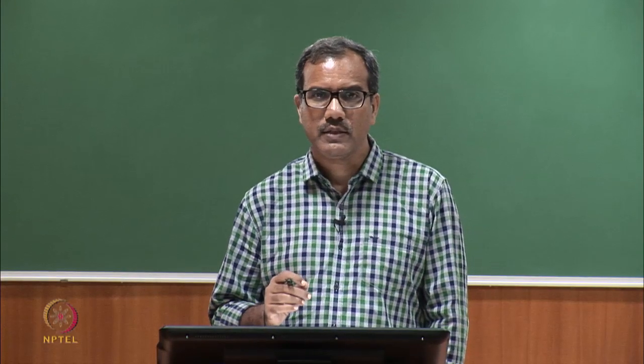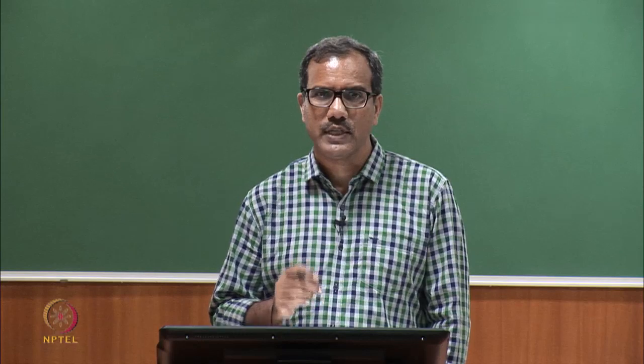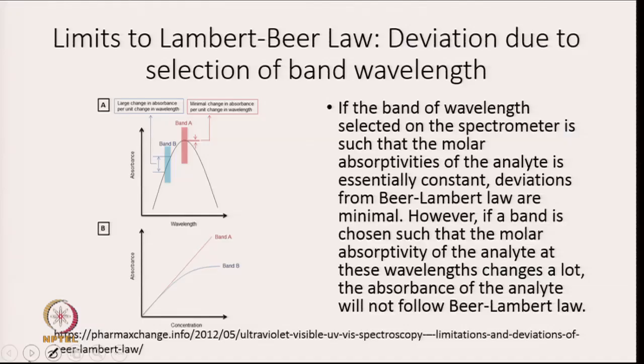The deviation can also be due to selection of band wavelength. So, suppose I try to absorb within this band. Here you can see there is minimal change in absorbance per unit change in wavelength.